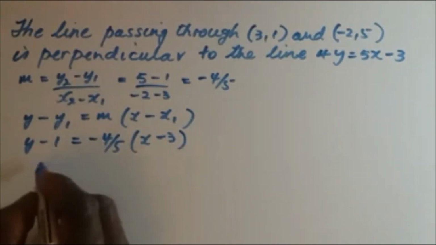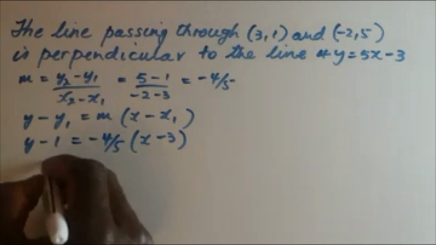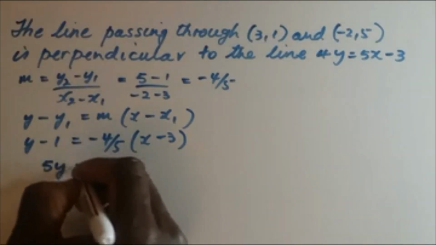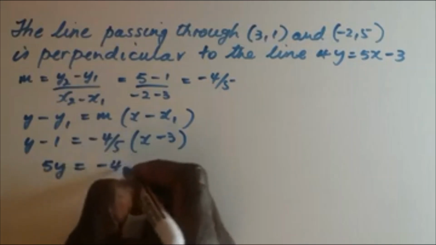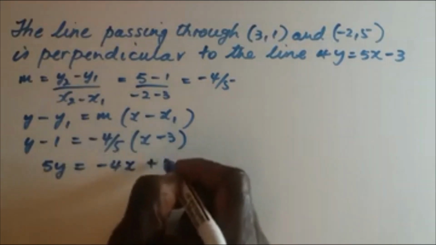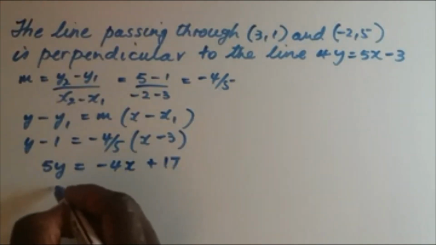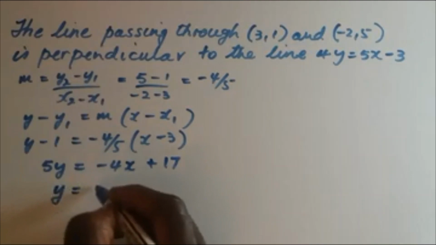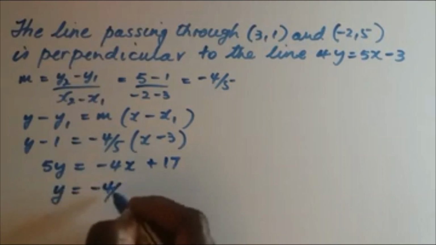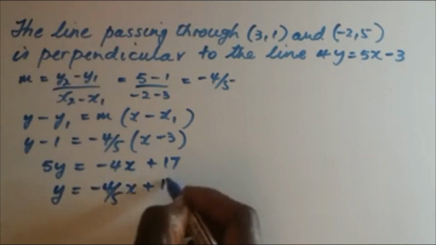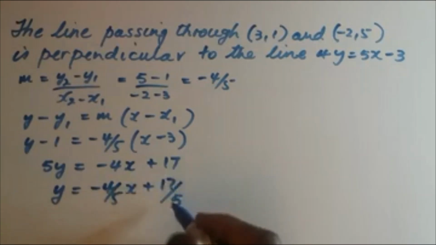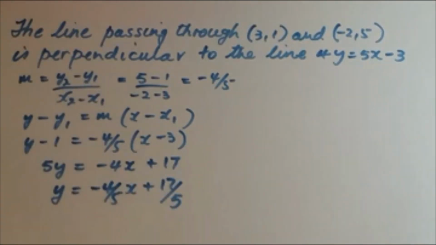This works out to be 5y = -4x + 17. Let's put it in standard form: y = -4/5 x + 17/5. So we know the gradient here is -4/5.